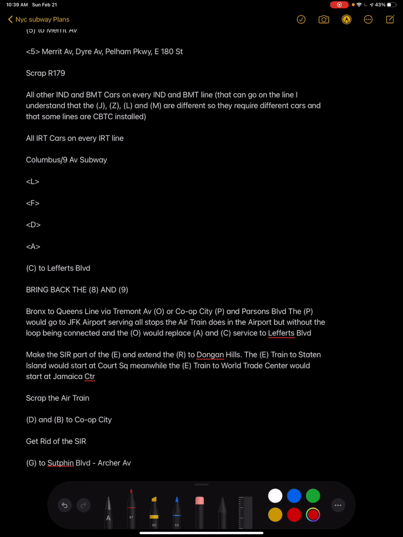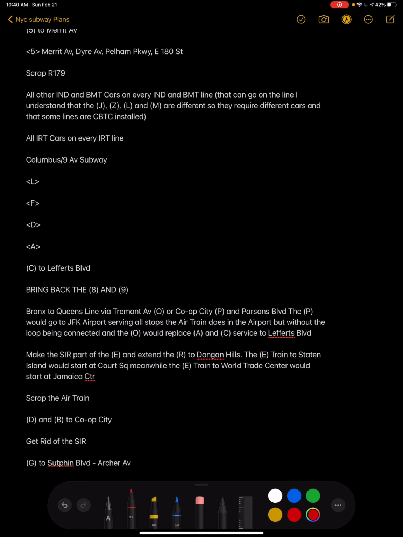And then, now this is going to be controversial, and many people are going to be wondering how this would happen. But by making the SIR part of the E, this line would run off of R68s, as there would be some R68s going to, and R46s going to the Queens Boulevard line trains.